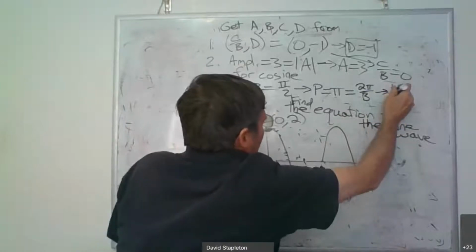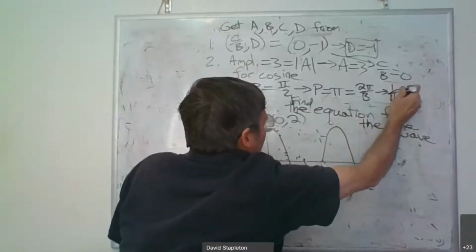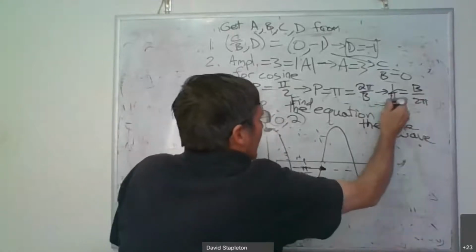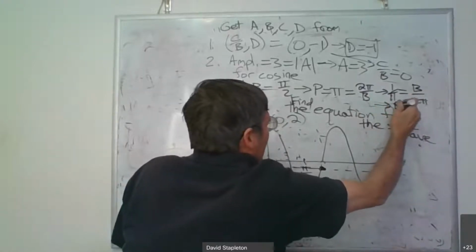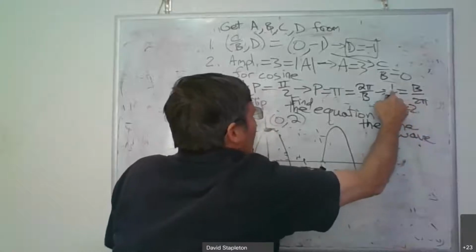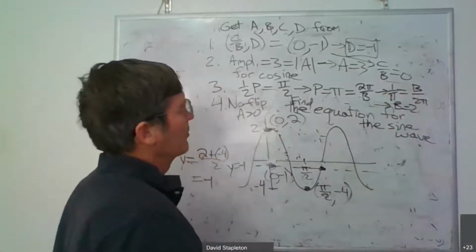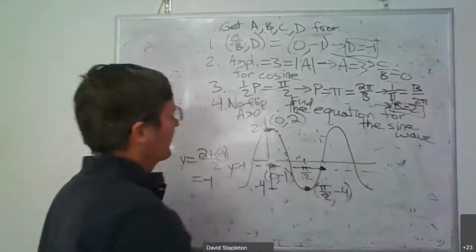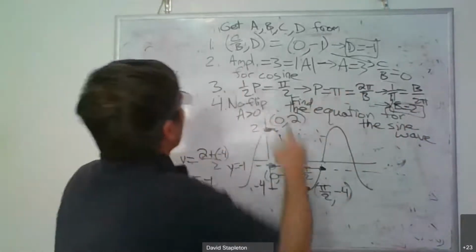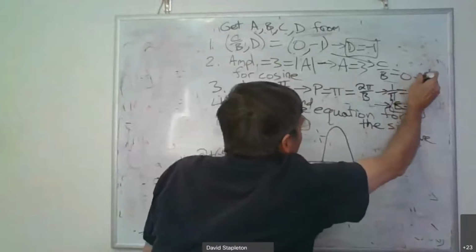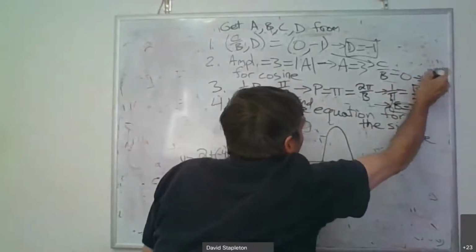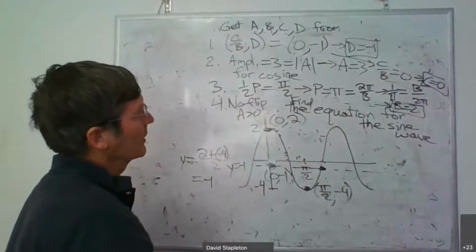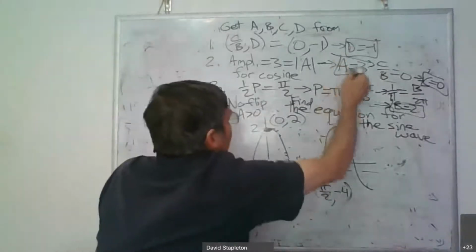Take reciprocals and say 1 over pi over 2 pi, and multiply by 2, and you get B equals 2. Multiply this equation by 2 pi to get B. There's B by solving from the period. Then if C over B is 0 from the phase shift, that tells you that C is 0. C over 2 is 0, so C is 0. There's B, C, and A we already wrote was 3.